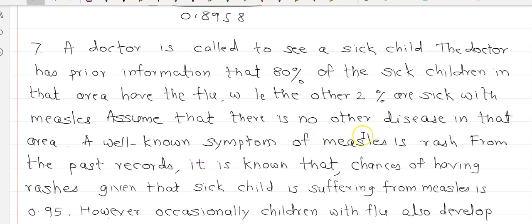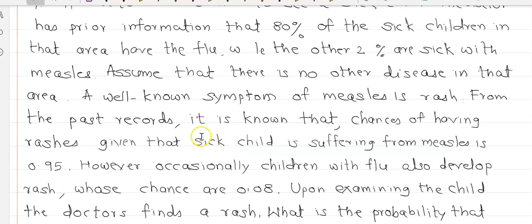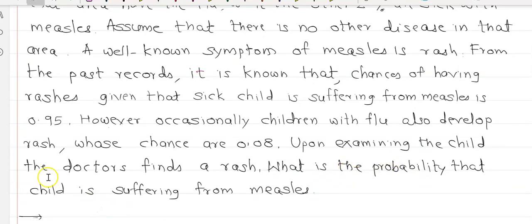Assume that there is no other disease in that area. A well-known symptom of the measles is a rash. From the past record, it is known that the chances of having the rashes, given that the sick child is suffering from the measles, is 0.95. However, occasionally children with the flu also develop the rash, whose chances are 0.08. Upon examining the child, the doctor finds the rash. What is the probability that the child is suffering from the measles?